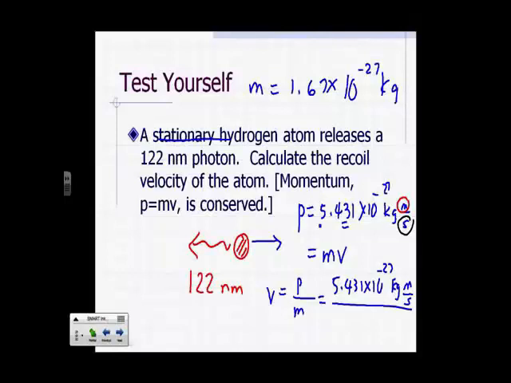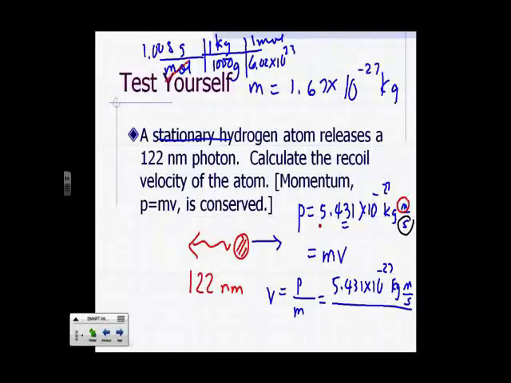You remember how to figure that out if you haven't memorized that number? 1.008 grams per mole, right? And then you change it to kilograms: 1 kilogram is 1,000 grams, and 1 mole is how many atoms? 6.02 times 10 to the 23rd atoms.